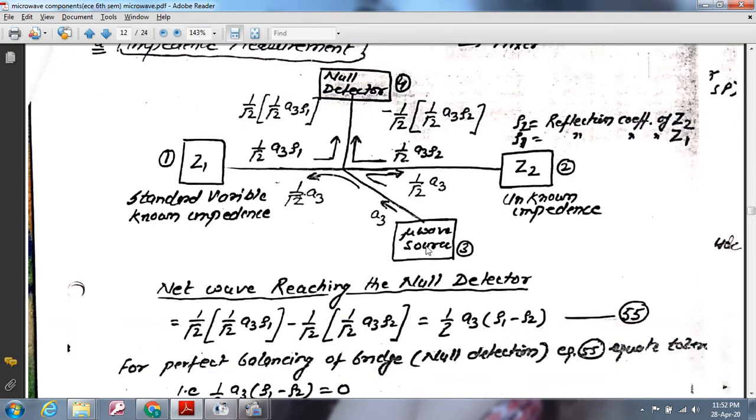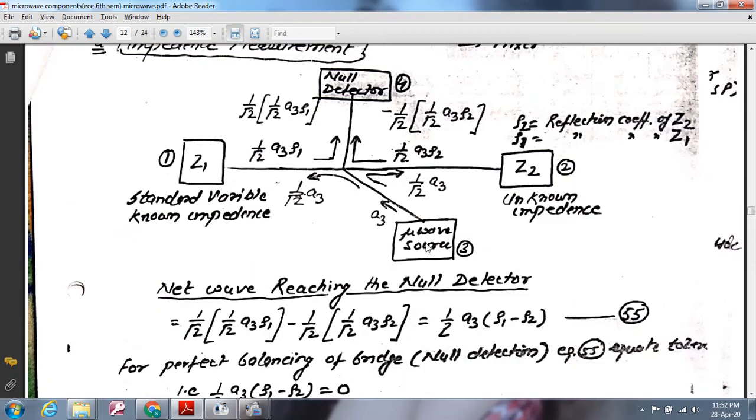Now from this microwave source, A3 is the power which is going out, and as per the scattering matrix of magic T, the power going to port number 1 from port 3 is A3 by root 2, and the power going from port 3 to port 2 is also A3 by root 2.